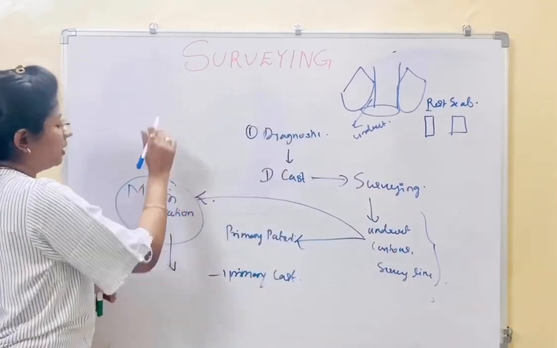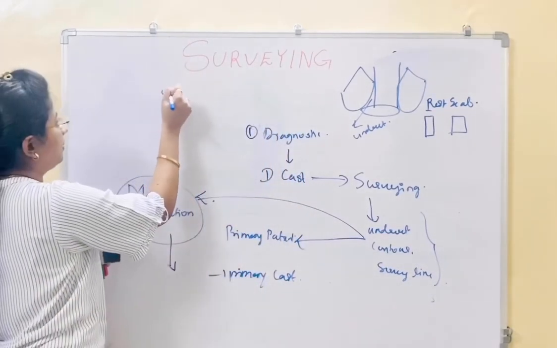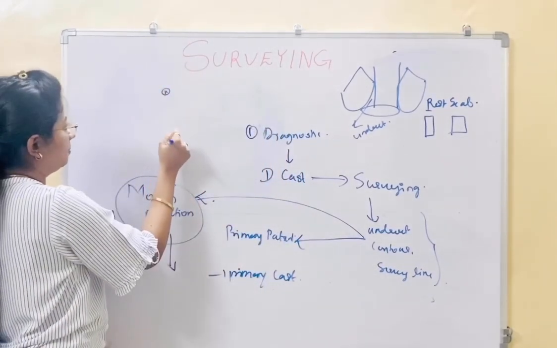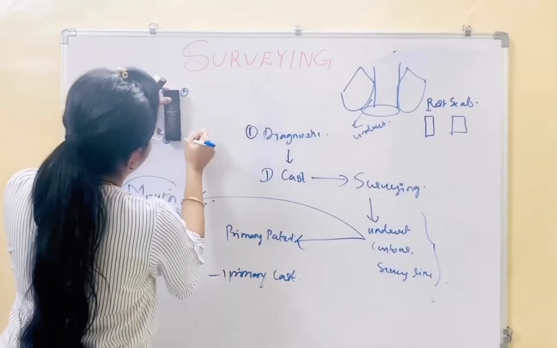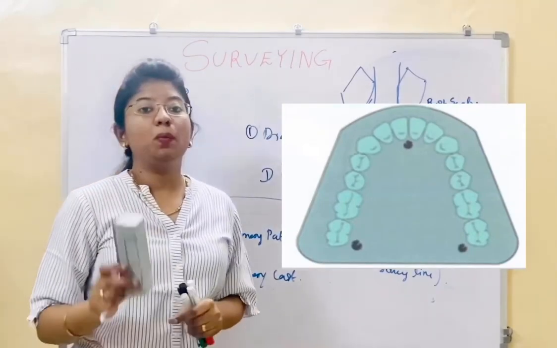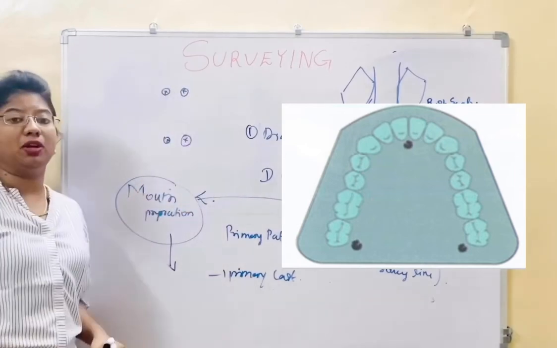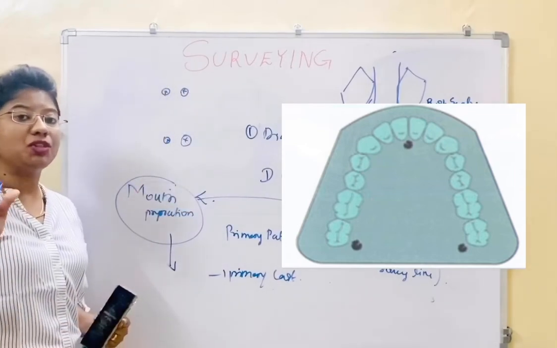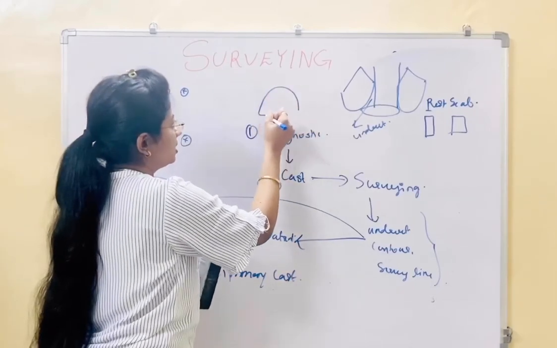Basically, for example, this is my duster. If I want to place my duster, I mark these points, this point, this point. Marking this point helps me to place the duster at the same place. Similarly, on the cast, you mark 3 points by placing the cast.